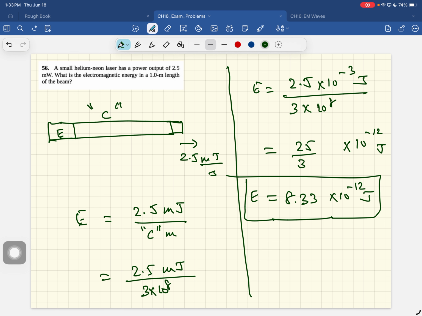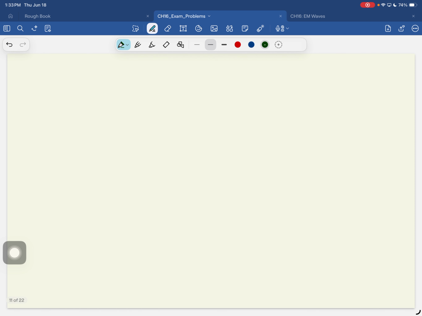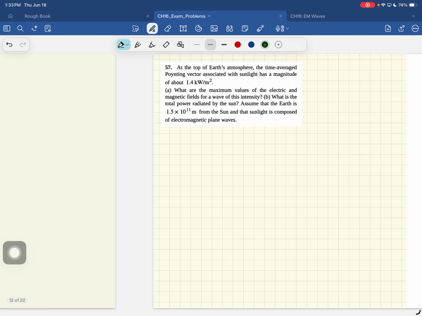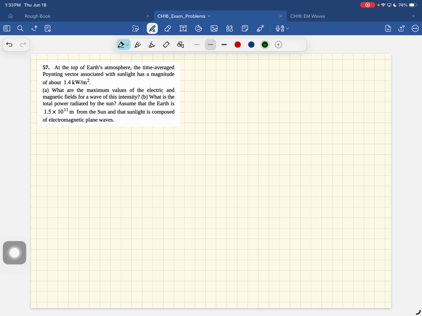Now we'll find out, this is an interesting problem. What is the total power radiated by the sun? Assume the distance is that. So here is the sun, and we know the intensity at Earth. Intensity is power over 4 pi r squared, that's the surface area. So power is intensity times 4 pi r squared.